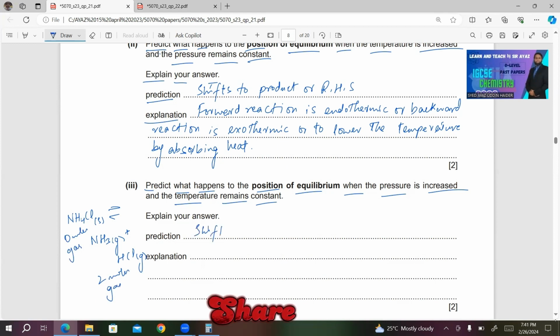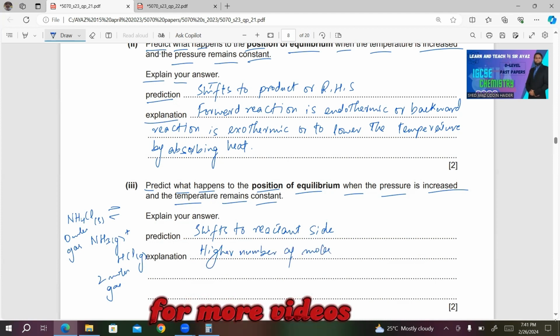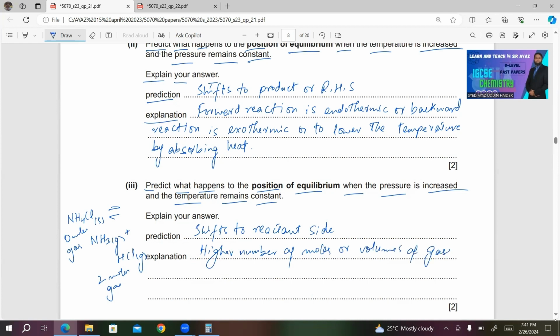Shift to reactant or left hand side. You can mention the number of moles of gases: higher number of moles or volumes of gases on the product side.